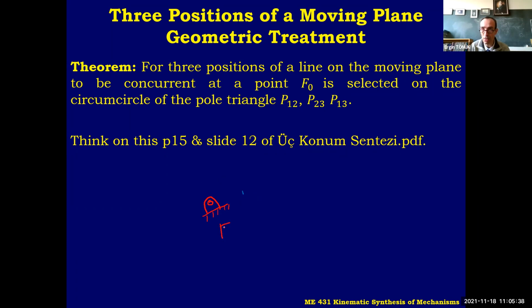Write it here. And you place a slider like this, and this is your moving plane, okay, which is a straight line. So for its three positions to be concurrent here so that you can place it, this is the theorem, okay?